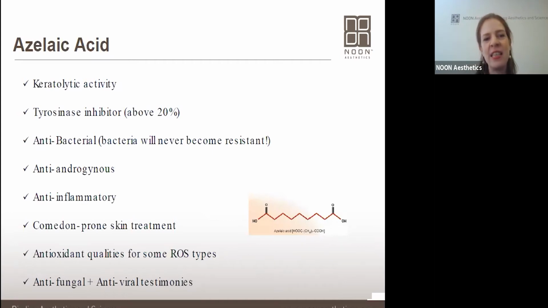Azelaic acid is what we call a perfect drug, because on one hand, she's very, very potent. She has many properties, and on the other hand, she is very, very safe for use. She has keratolytic, antibacterial, anti-inflammatory activity.